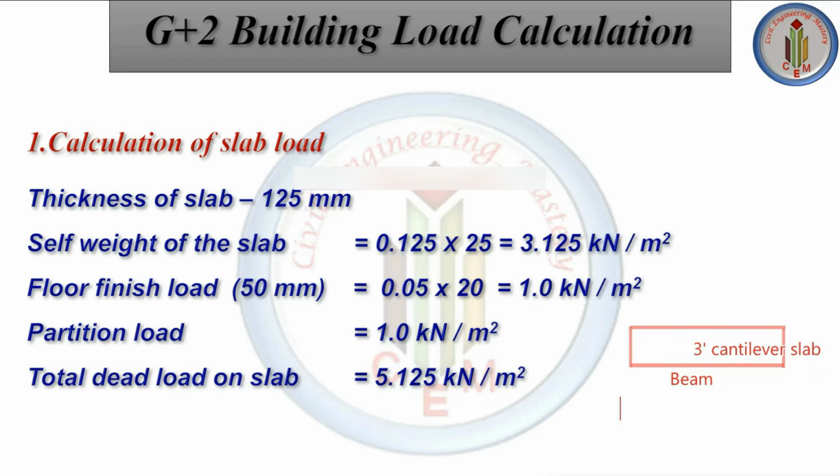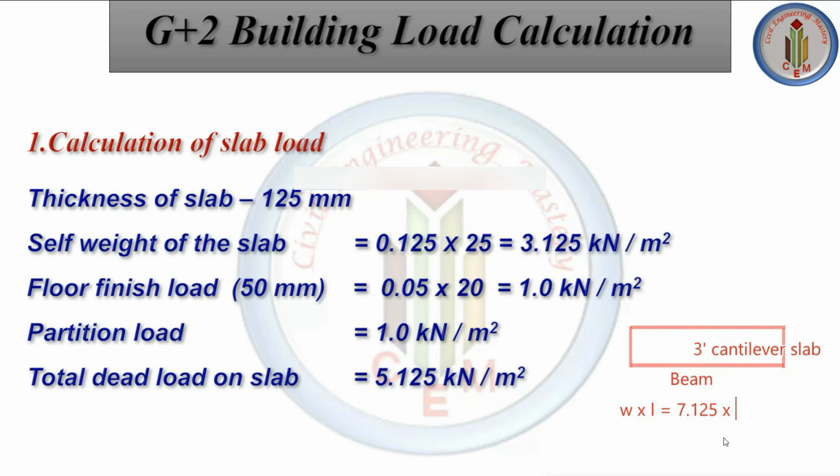Now let me show you how we calculate the cantilever slab load on beam. Imagine this is the beam and this is the cantilever slab, 3 feet cantilever slab. This load we are going to transfer on this beam. What is the formula for that? W multiplied by L. Here W is the total load, which is 7.125: 5.125 is the dead load on slab plus 2 kilonewton per meter square is the live load, so totally 7.125 kilonewton per meter square.